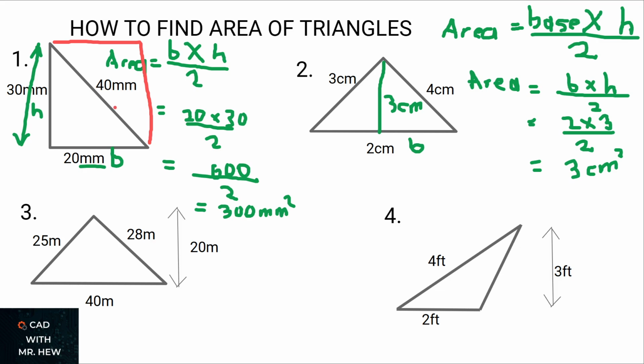The area for a rectangle is B, the base, times the height. And because the triangle is half of the rectangle, that is why we divide by 2. That is how the formula comes about. So if you're in an exam and you don't remember the formula, remember the formula for a rectangle is base times height, and because the triangle is half of the rectangle, you divide it by 2.